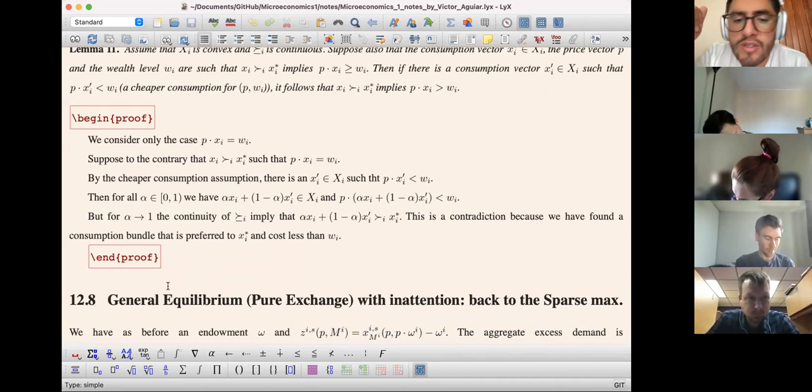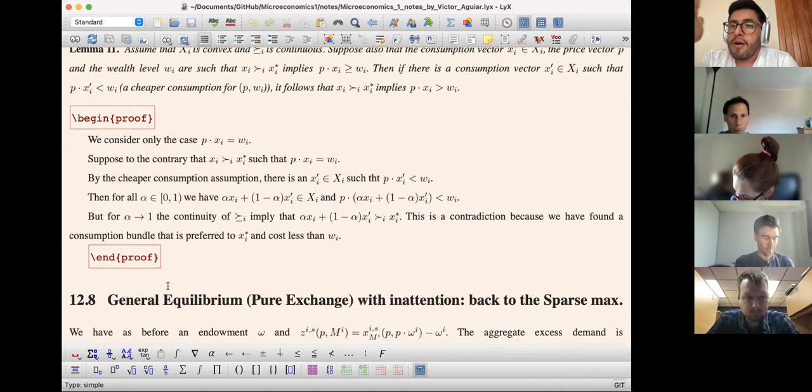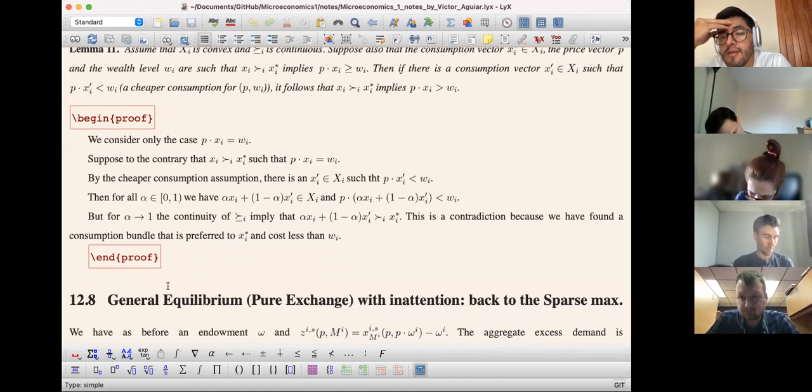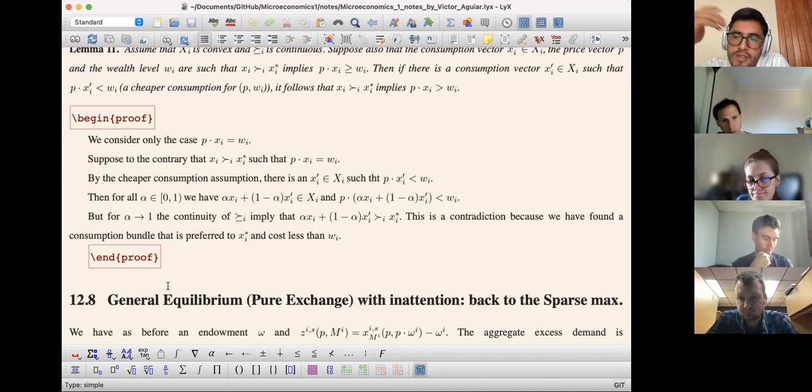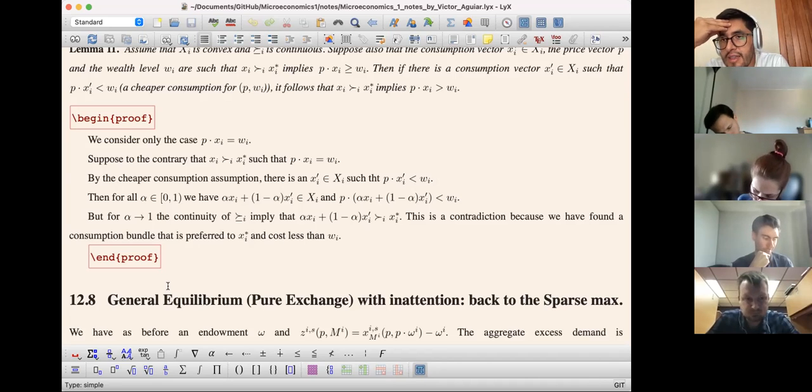So we just want to summarize the following. There are two main results in general equilibrium. The first welfare theorem says that any allocation that comes from a price equilibrium with transfers is Pareto optimal. And this holds only under local non-satiation. So it's super weak. I discussed this with you at length.